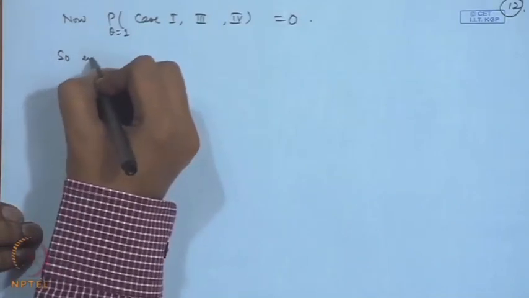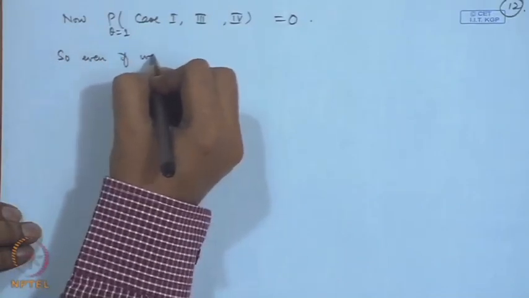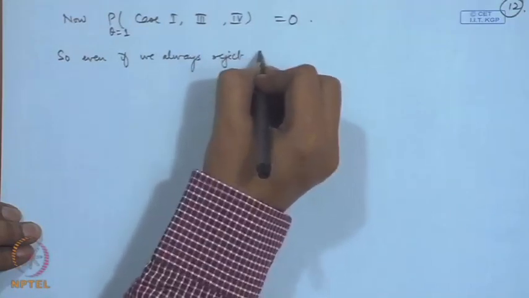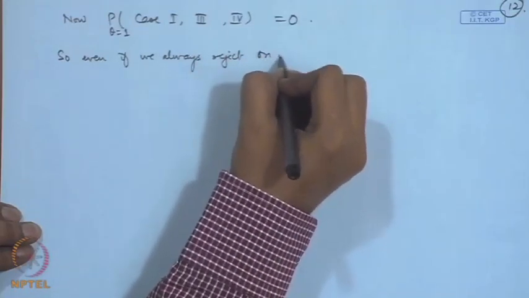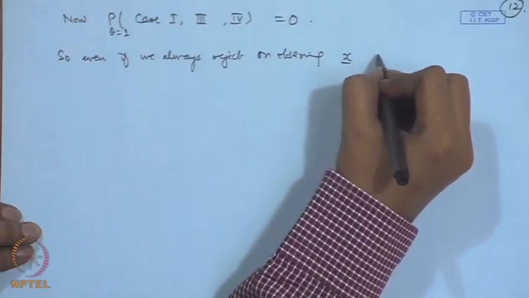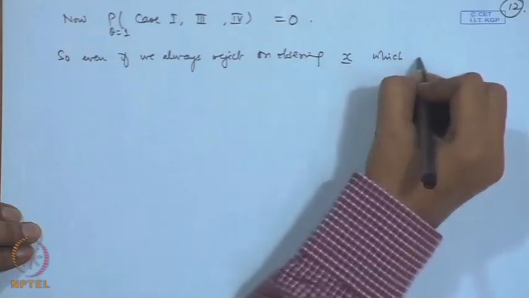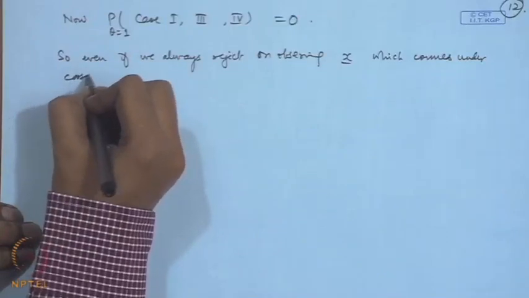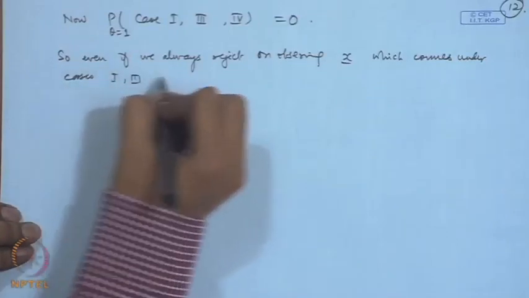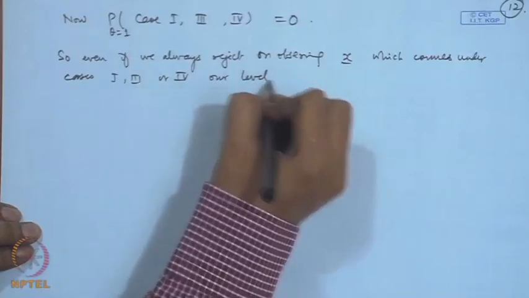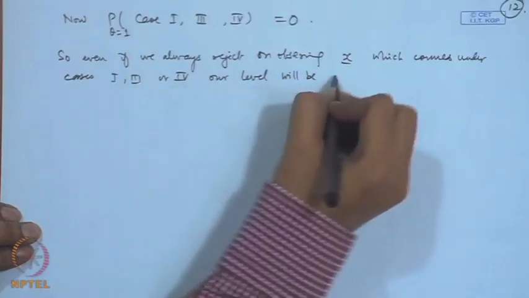So, even if we always reject on observing x which comes under cases 1, 3 or 4, our level will be 0.